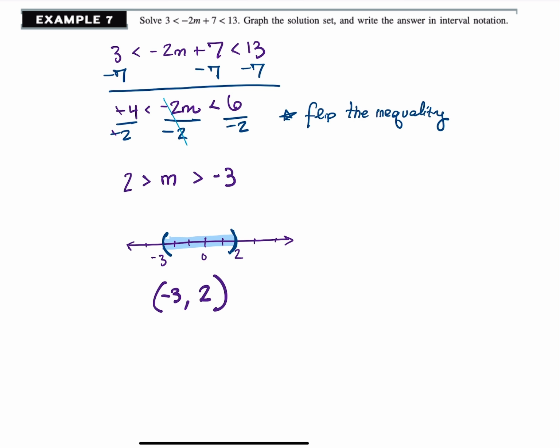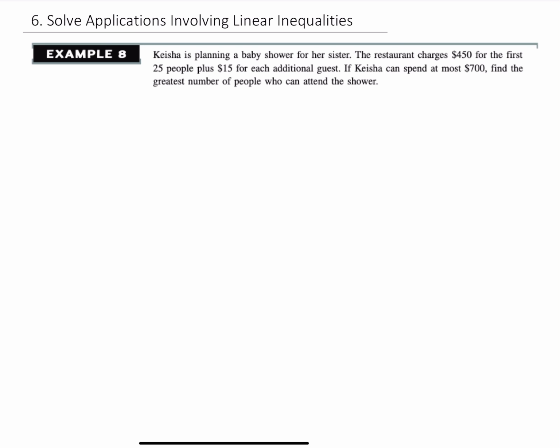All right, let's see an application. So this says, Keisha is planning a baby shower for her sister. The restaurant charges $450 for the first 25 people, plus $15 for each additional guest.